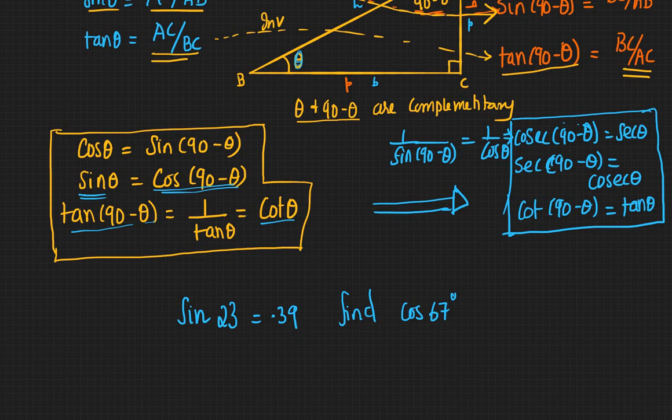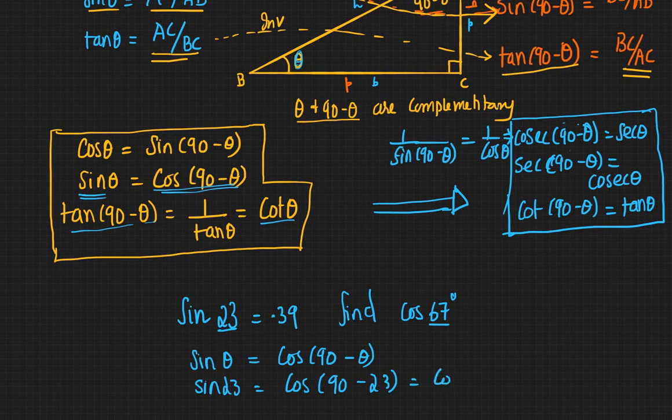Now we know that these are complementary angles, and if this is theta, we know that sine theta is equal to cos of 90 minus theta. So sine of 23 should be equal to cos of 90 minus 23, which is cos 67. So we straight away know that this is 0.39.